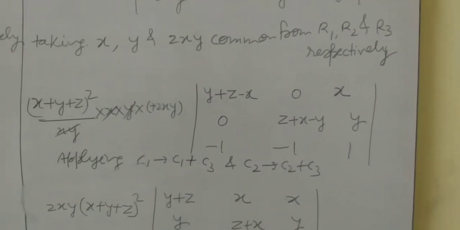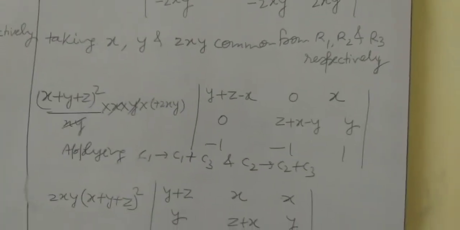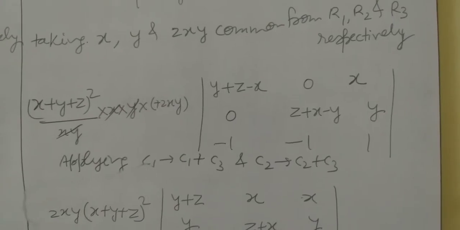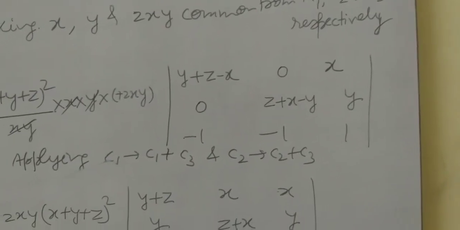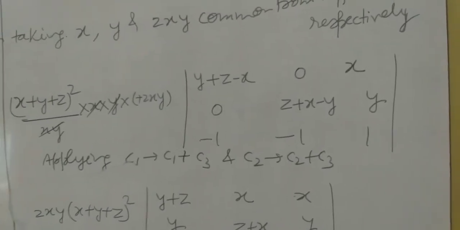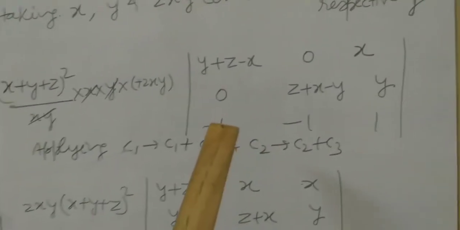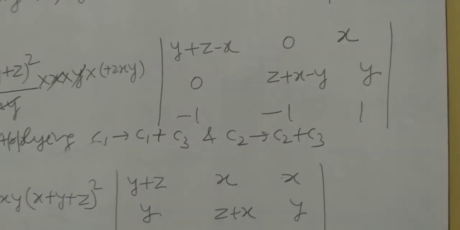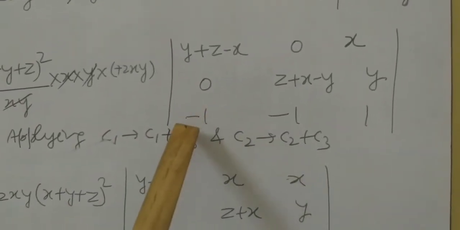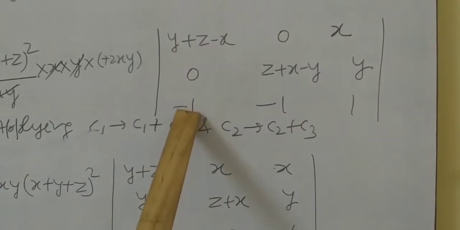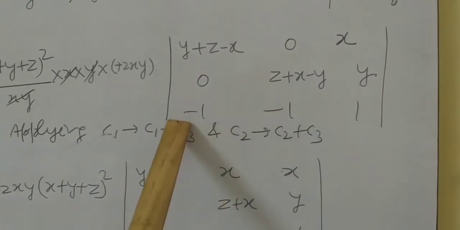Okay students. Now students, as I told you earlier, we have to make 2 zeros in a row or in a column. Okay. So students, I want to change this value and this value to 0. So when I add C3 to C1, then it will be 0.